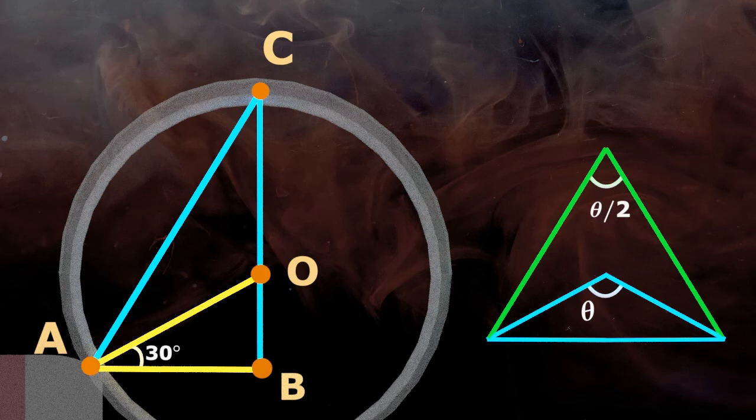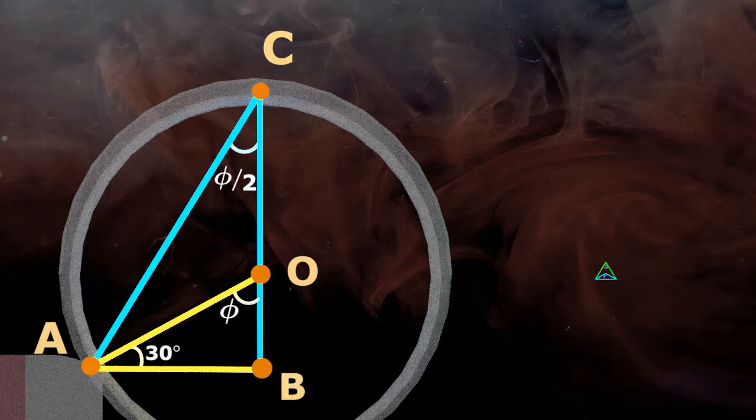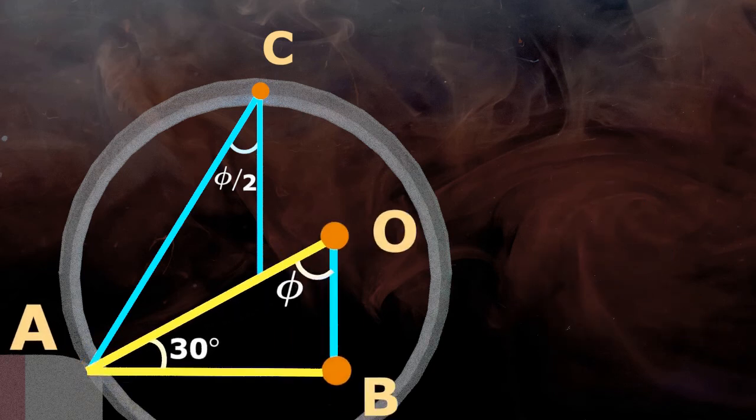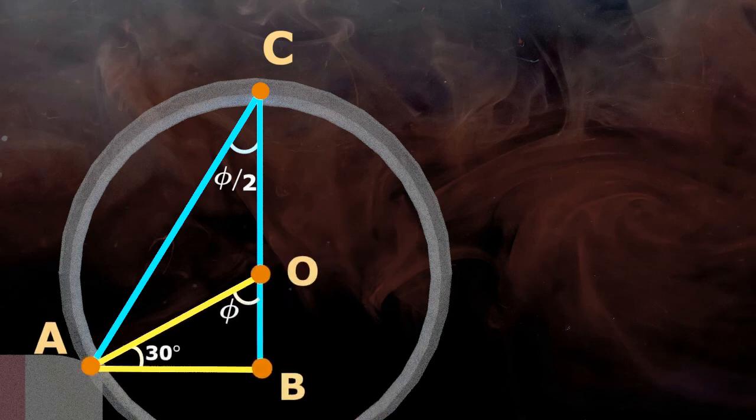So in our case, suppose this angle is phi, the angle R makes with the y-axis is equal to phi by 2. So let's first of all find angle phi. For triangle OAB, this is a right angle, and so angle phi is 90 minus 30 equals 60 degree.